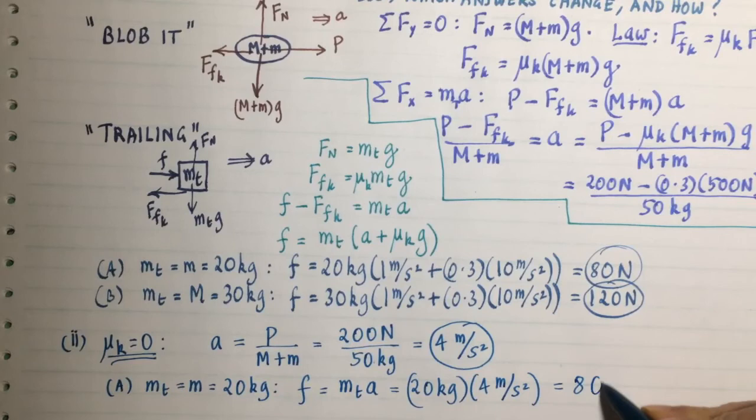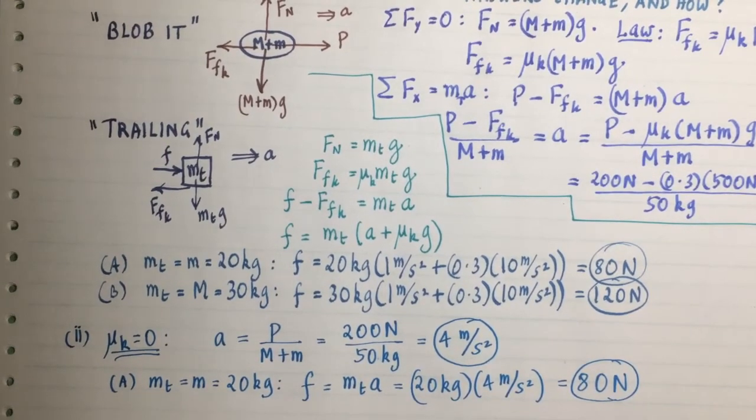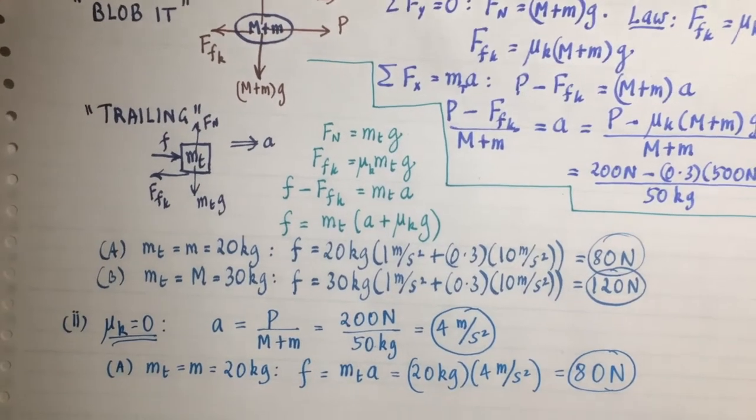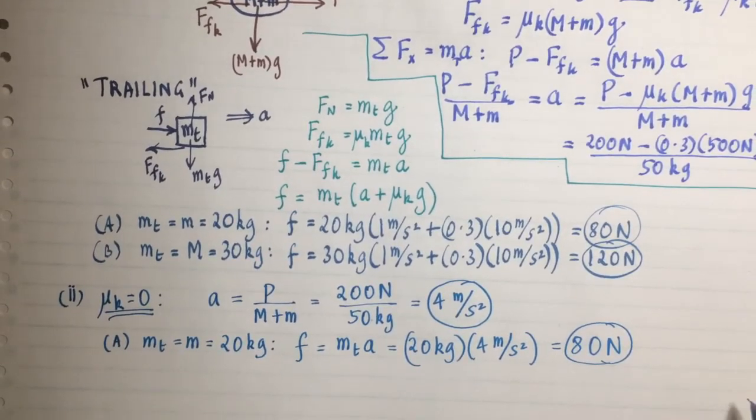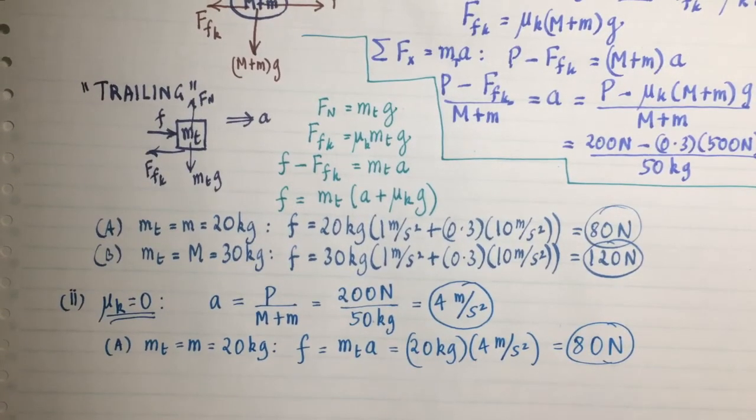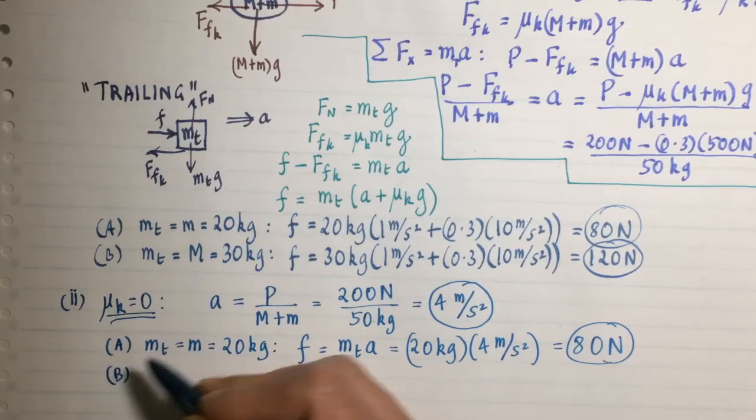The answer is still 80 newtons. So this should be a jaw-dropping moment for all of you. It doesn't matter if the floor is rough or smooth. The force between the two objects will not change. I'll talk a little bit about human psychology after I finish this problem.